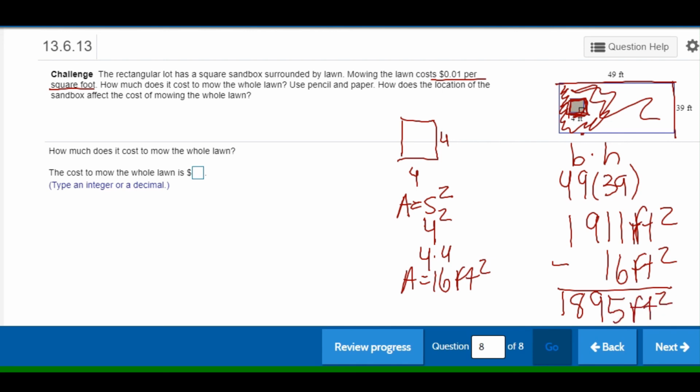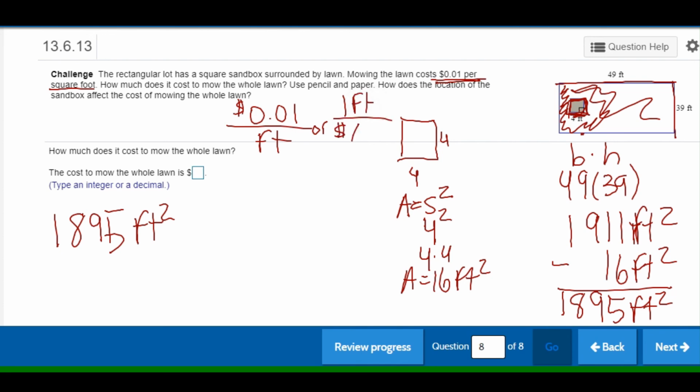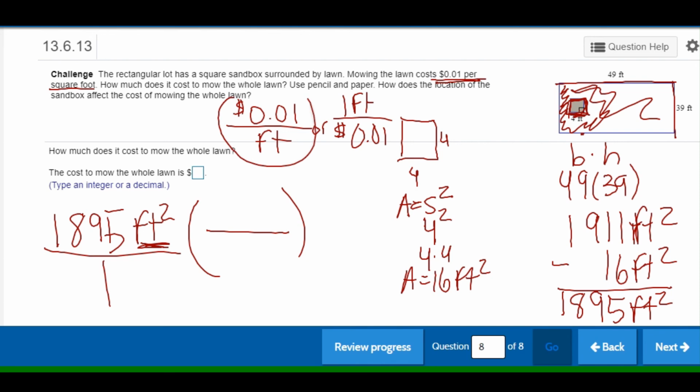And then, if it costs 1 cent per square foot, I have 1,895 square feet, so I need to multiply. I'm going to use it as a conversion factor. So I have 1,895 feet squared, and I'm going to use my 1 cent per square foot as a conversion factor. I see here that I'm starting with square feet in the numerator, so I know I need to put square foot in the denominator, so I'm going to use this conversion factor.